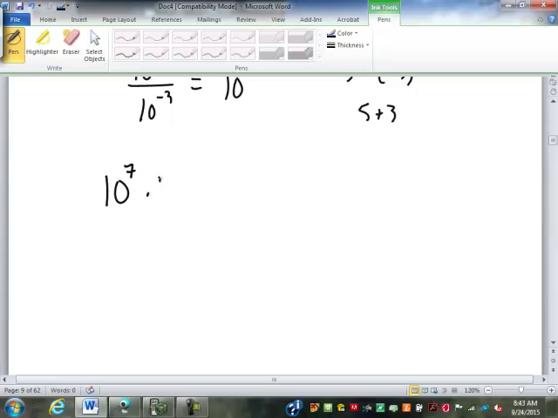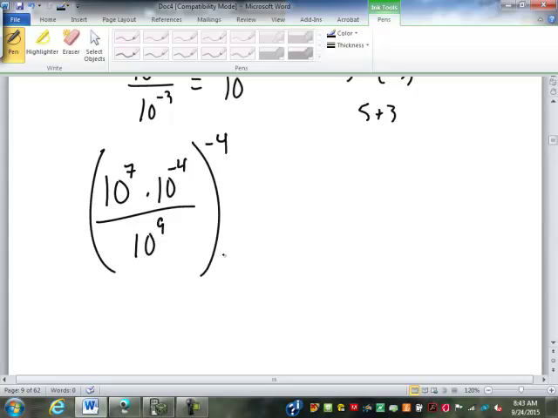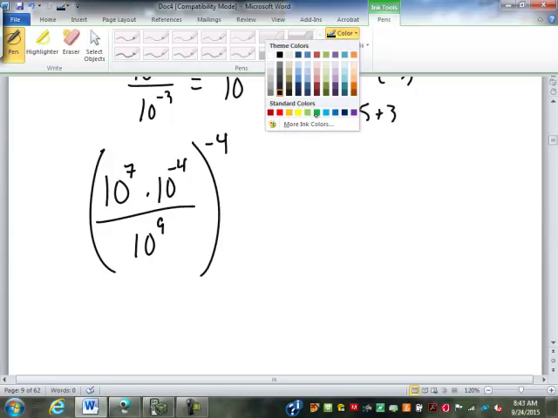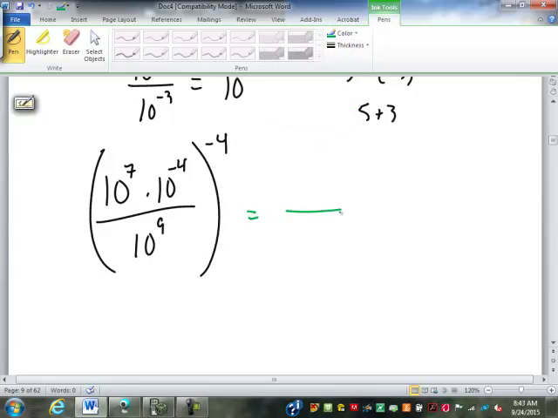10 to the 7th times 10 to the negative 4th over 10 to the 9th, to the power of negative 4. What would we do with something like this? Okay, so we have to do the top first. 10 to the 7th times 10 to the negative 4 is 10 to the 3rd. Positive 7, negative 4, it's going to be the positive 3rd.